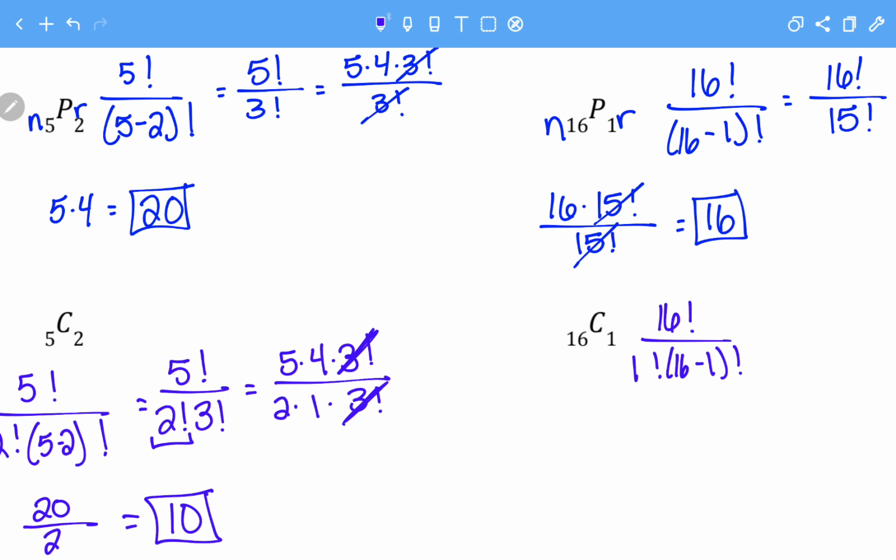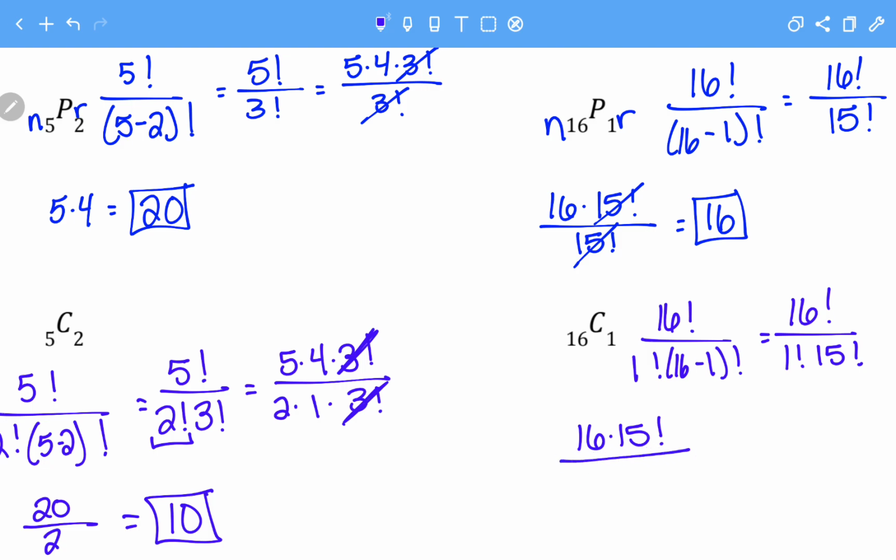Now we can do our parentheses. So I have 16 factorial over 1 factorial, 15 factorial. Okay, and we're going to count down. I'm going to do 16 times 15, and I'm going to stop because there's a 15 factorial on the bottom.